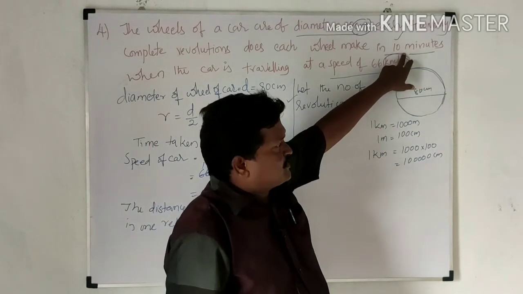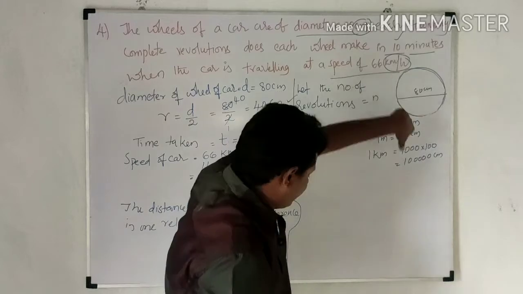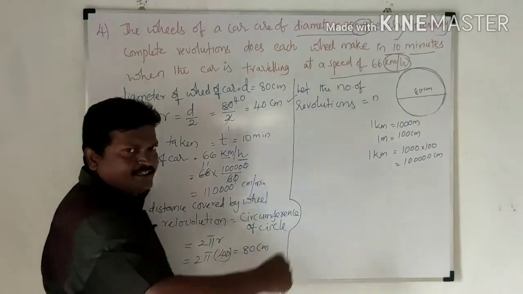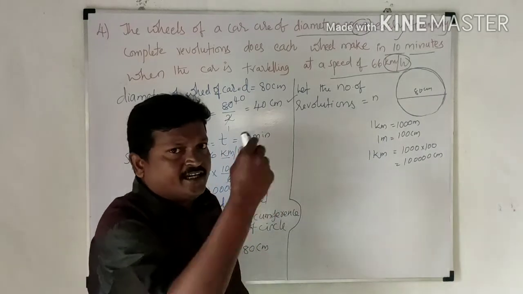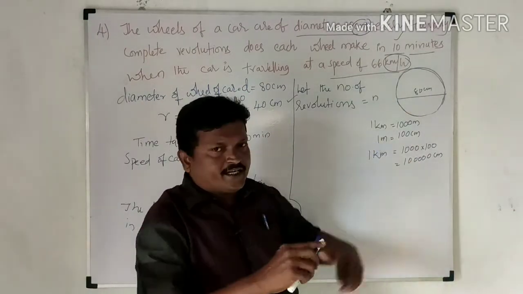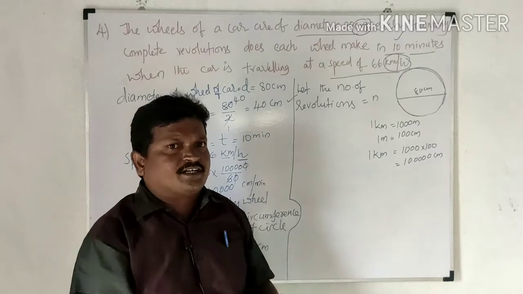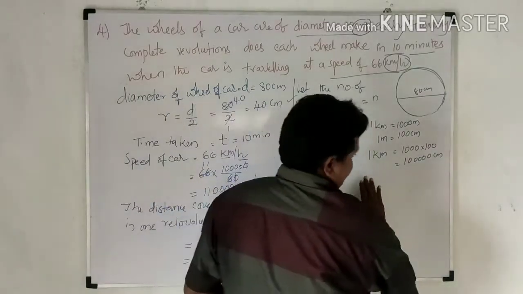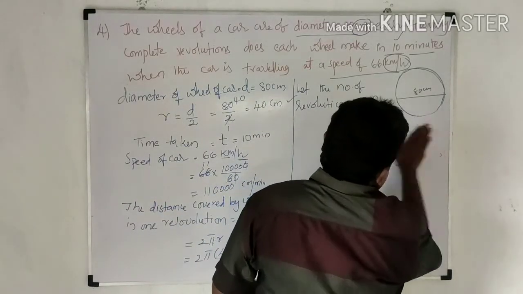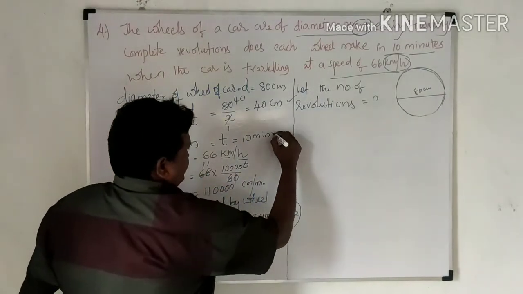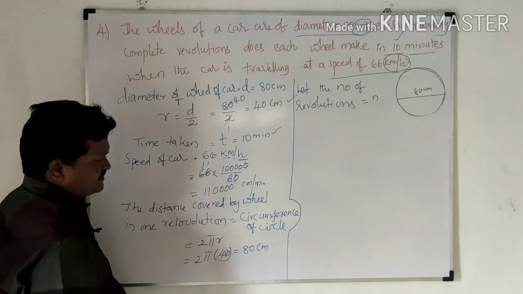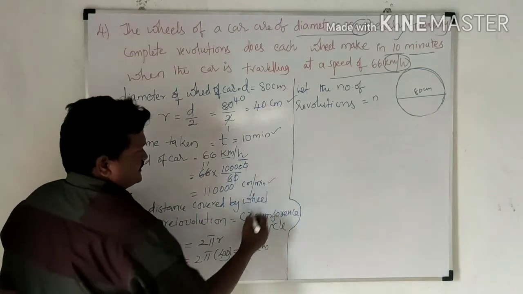For one revolution it covers 80 pi centimeters of distance. Like that, in 10 minutes, how much distance will it travel? See here, this is the time, 10 minutes, and this is the speed.